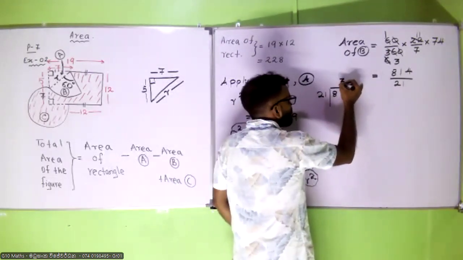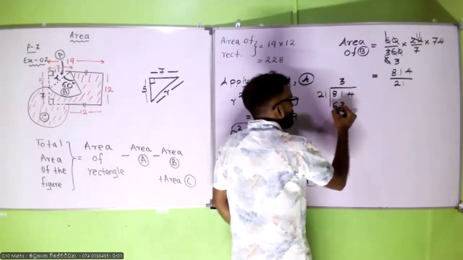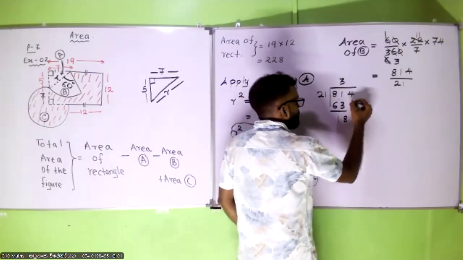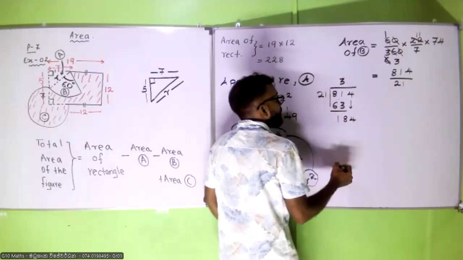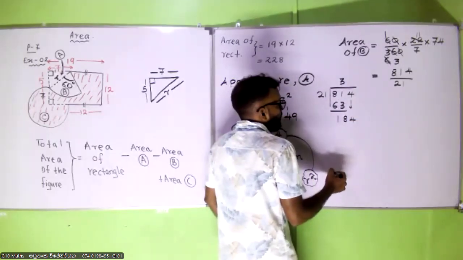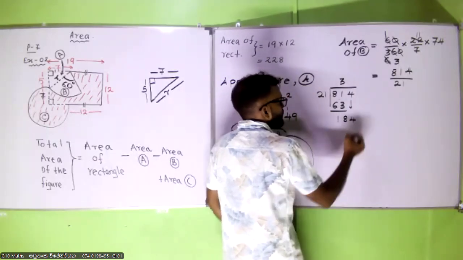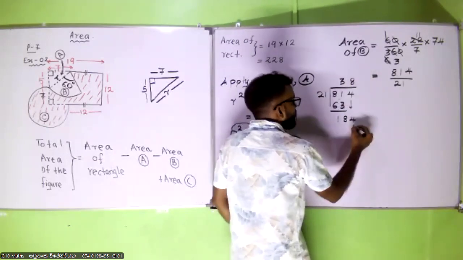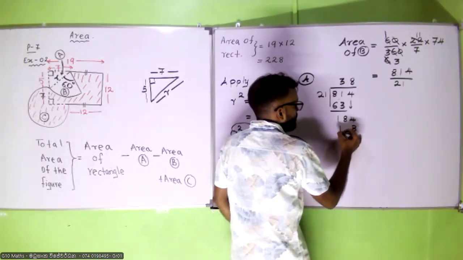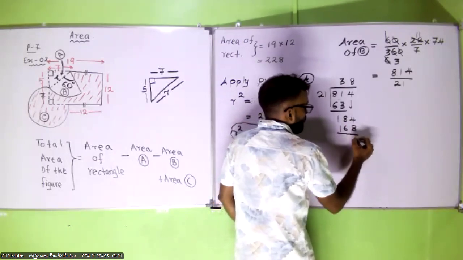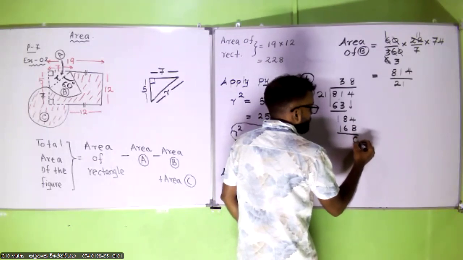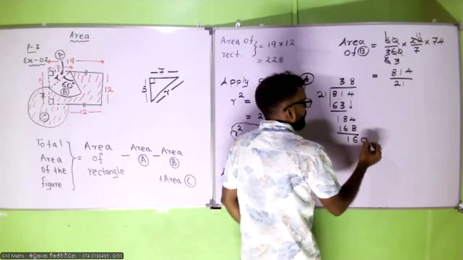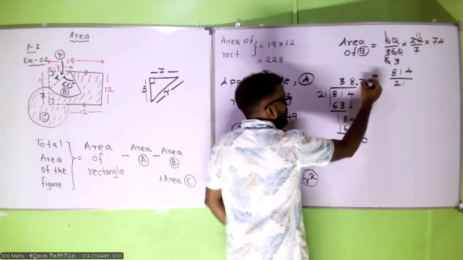There should be 3. 3 times 21 is 63. Subtracting, 81 minus 63 is 18. Take down the 4, 184. 21 times 8 is 168. Subtracting, 184 minus 168 is 16. So this gives 38.7.